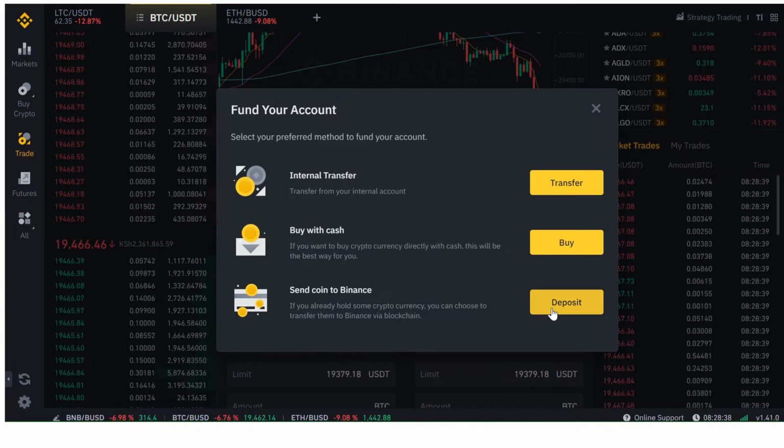Maybe you want to deposit through different networks, or do an internal transfer. Maybe you bought coins in the P2P market and now you want to transfer them to the spot market so that you can start trading. Or maybe you have a credit card or a debit card that can purchase things online, you can then use this option to purchase.